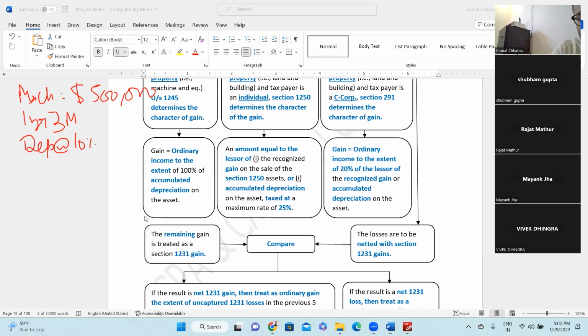And after 1 year, 3 months, you are selling at, let's assume, 400,000. In that scenario, it says ordinary income to the extent of 100% of accumulated depreciation.